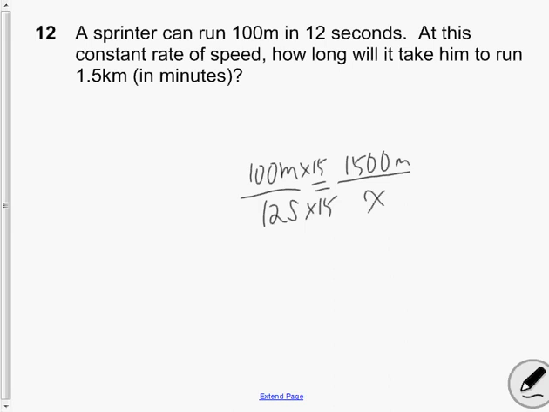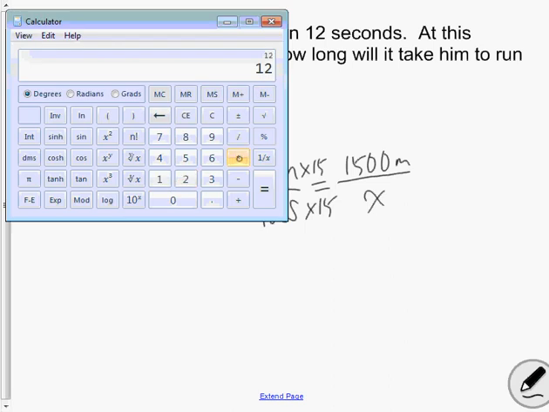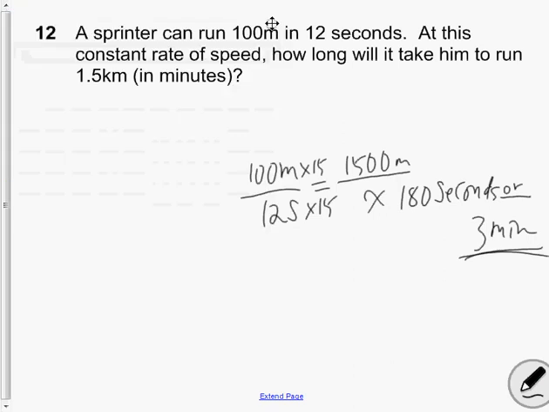So if I multiply 12 seconds by 15, I know it's going to be 180 seconds. Since there are 60 seconds in a minute, if I divide 180 seconds by 60, it will tell me that 180 seconds is also known as 3 minutes, which is your answer. It'll take 3 minutes.